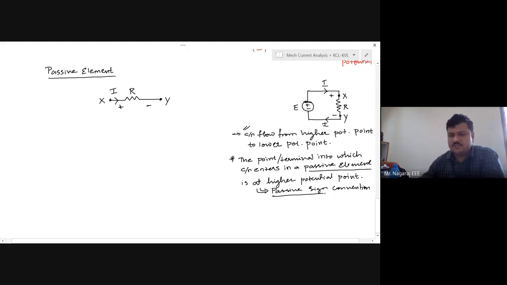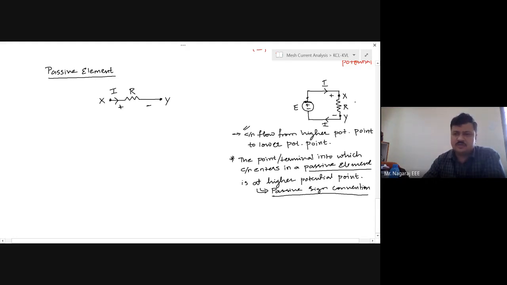What is active sign convention? Active sign convention is that the current leaves from the higher potential point. Passive sign convention is opposite to that: current enters the higher potential point. So in an active element, the point where the current is leaving is the higher potential point. In a passive element, the point where current is entering is the higher potential point.